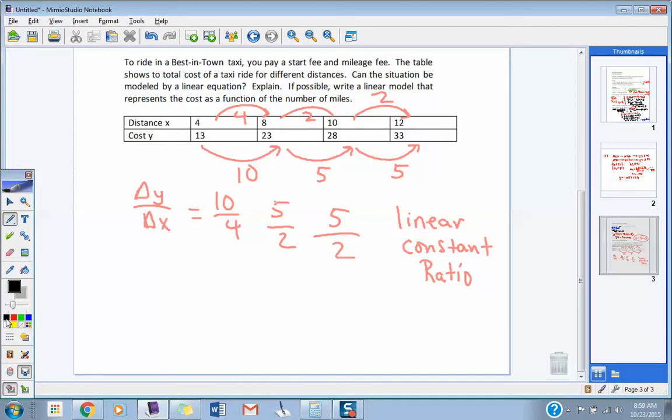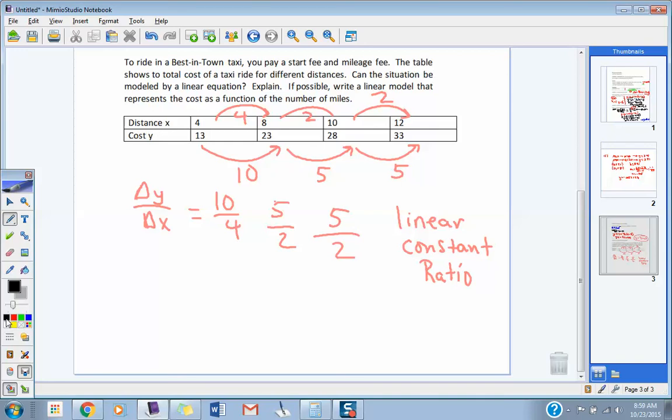Okay, so let's go on. Do we have a slope at all, guys? Do we know the slope at all? Not yet, but actually, you kind of do. When you talk about rate of change or constant ratios, we've said rate of change is always the same as slope. So we had the 10 over 4. Isn't that a change in y right here, 10? Isn't that a change in x, 4? So 10 divided by 4 will get you a slope.